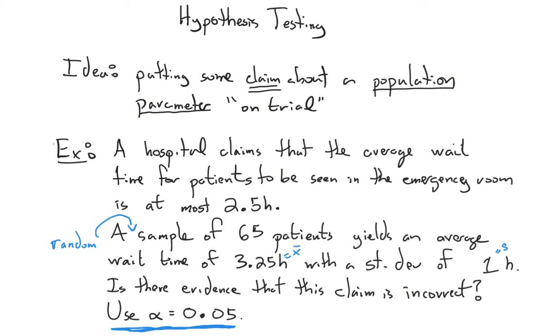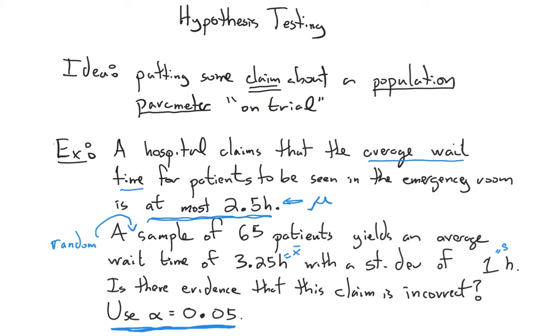So our claim here, that the average wait time for all patients is at most 2.5 hours, is our hypothesis, what we're going to assume. That's what we're going to put on trial. And we'll write this up in a little more detail on the next slide, but this is called our null hypothesis.